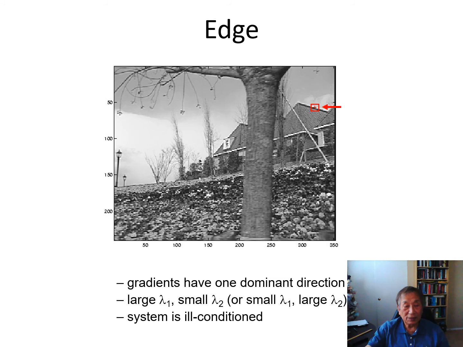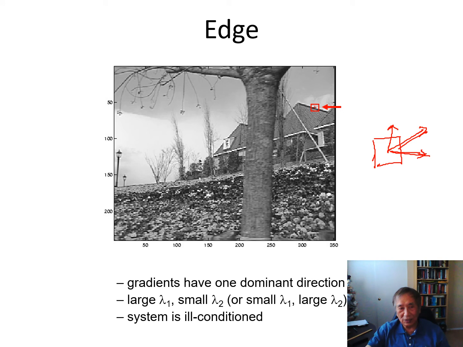And here the gradient has one dominant direction. Oh, actually, by the way, I think it's a good idea to note that if lambda 1, the eigenvector, is going in this direction, then each vector has 2 components.